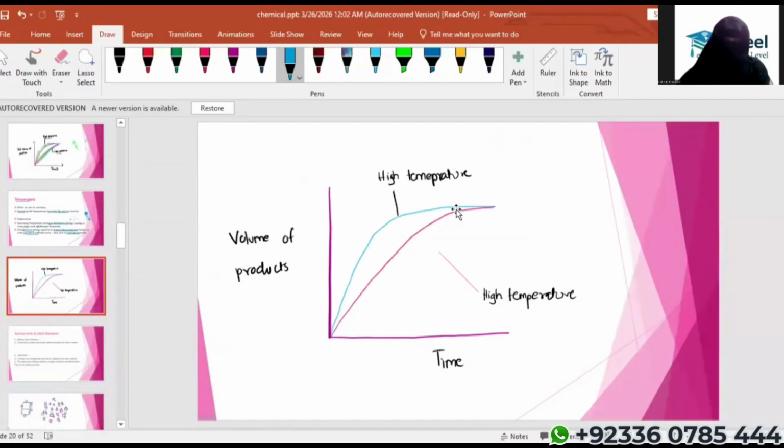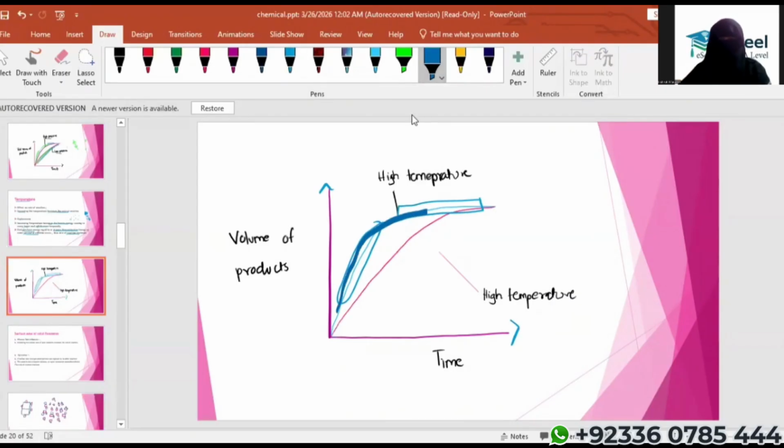If you were to plot the graph by collecting the volume of the products and putting it in a graph against time, you can see that higher temperature has a steeper gradient and it levels off at a faster rate because all of the reactants are being used up.